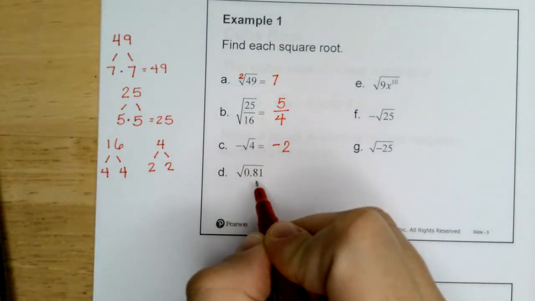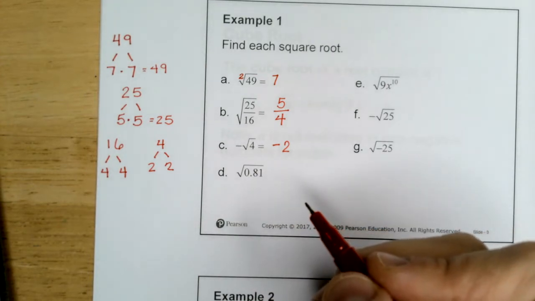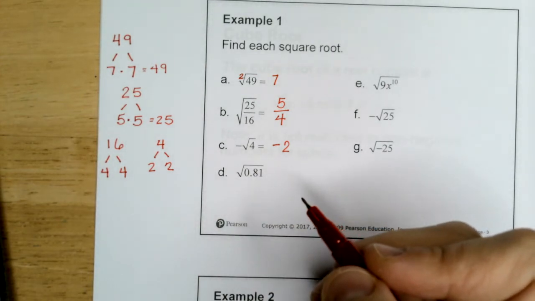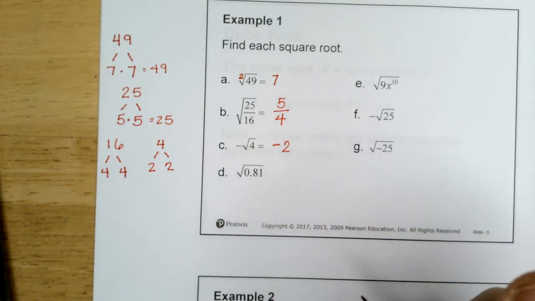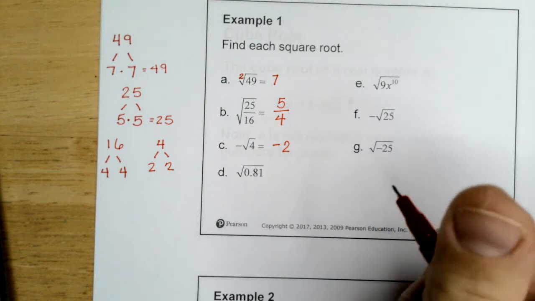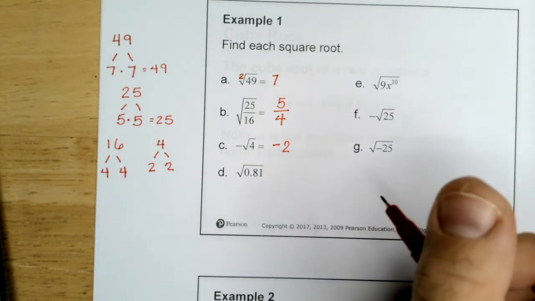The square root of 0.81. What times itself can give me a 0.81? I'm not super confident with decimals, right? There's not a lot of decimal work that we've done in this class. It was a long time ago, right?